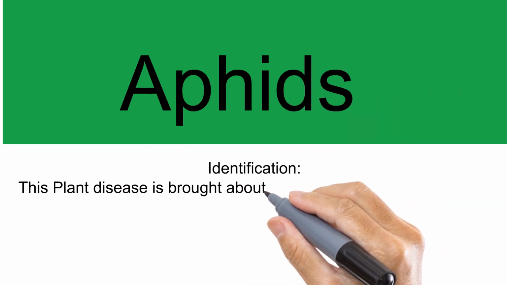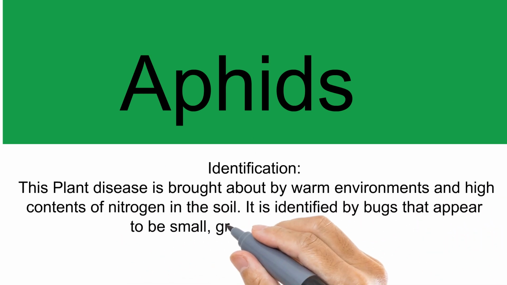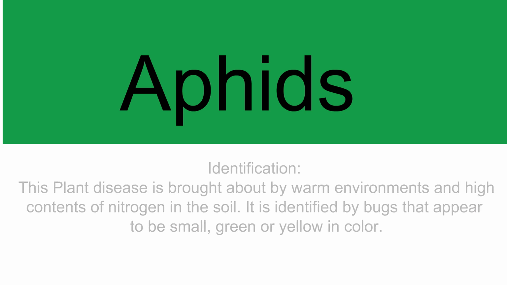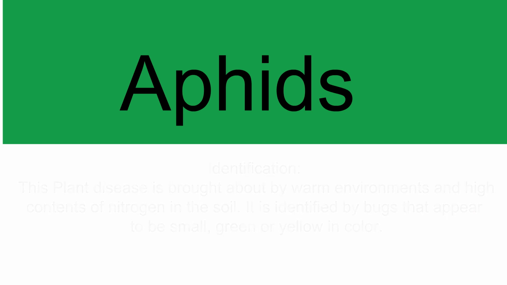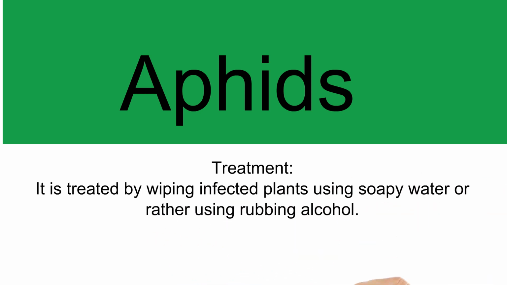Identification. It is brought about by warm environments and high contents of nitrogen in the soil. It is identified by bugs that appear to be small, green or yellow in color. Treatment. It is treated by wiping infected plants using soapy water or rubbing alcohol.